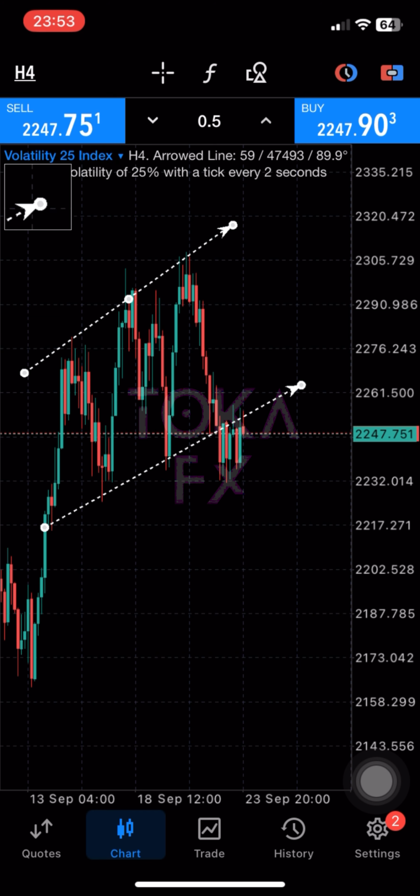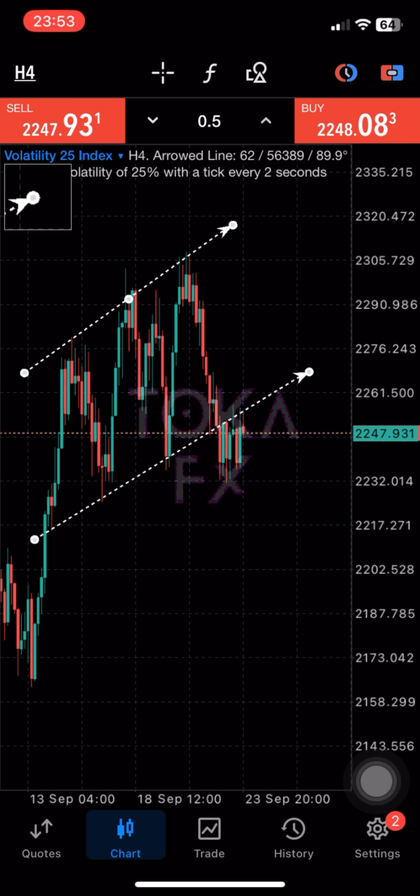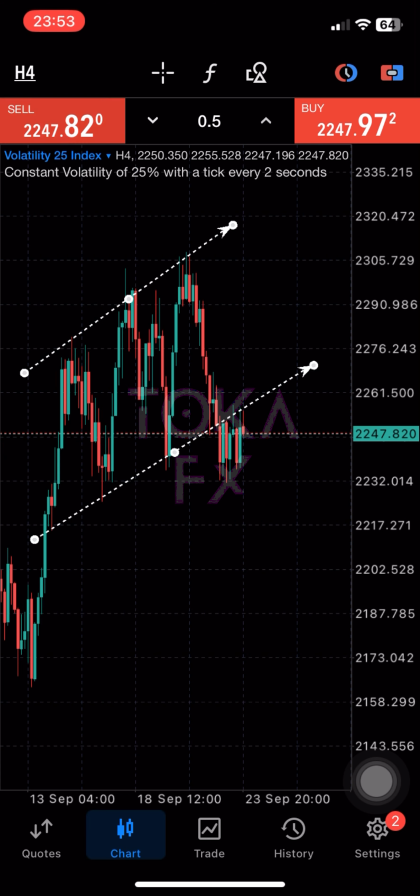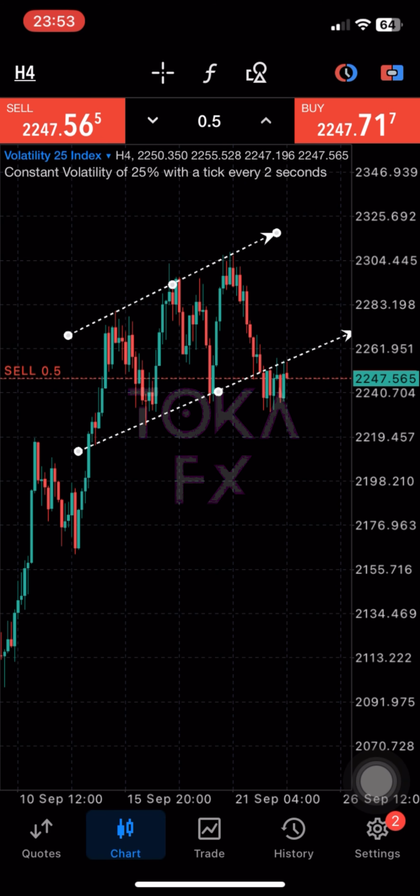Let me adjust my trend line there. So this is a breakout retest, but if you hadn't drawn your trend lines nicely or accurately, you were going to buy, which would have lost you a lot of money.